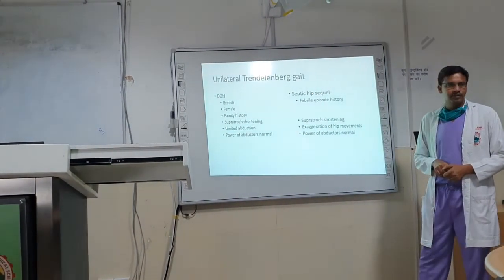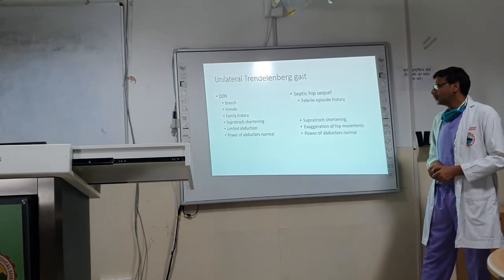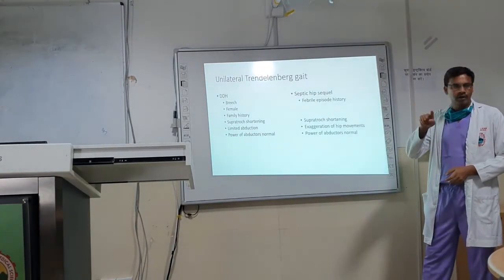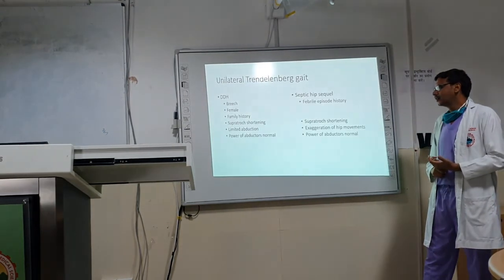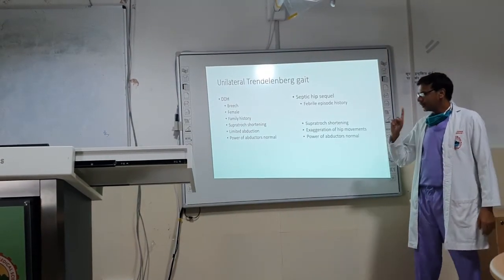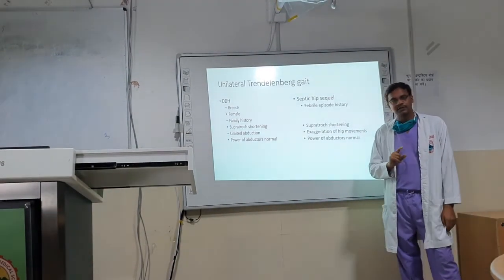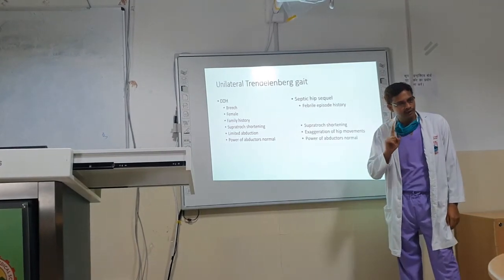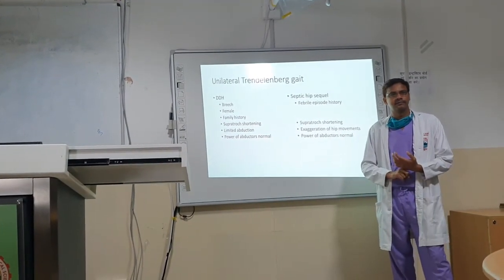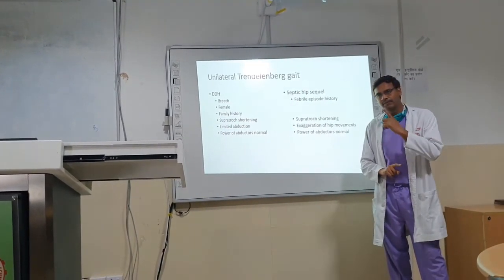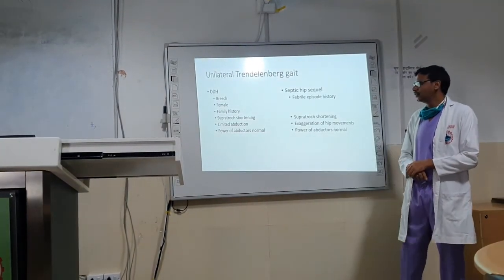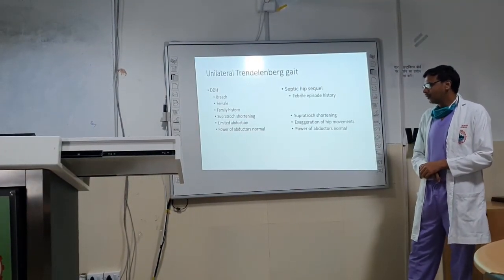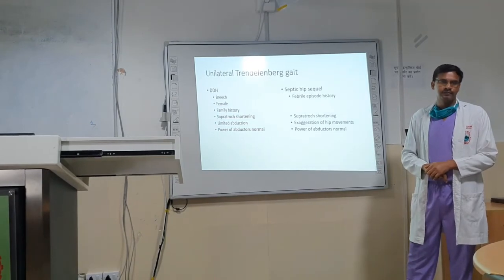Then family history sometimes may be possible. Then there will be supratrochanteric shortening, and a very important characteristic of DDH is there will be limitation of abduction. Limitation of abduction is a very important finding, while the power of abductors will be normal.